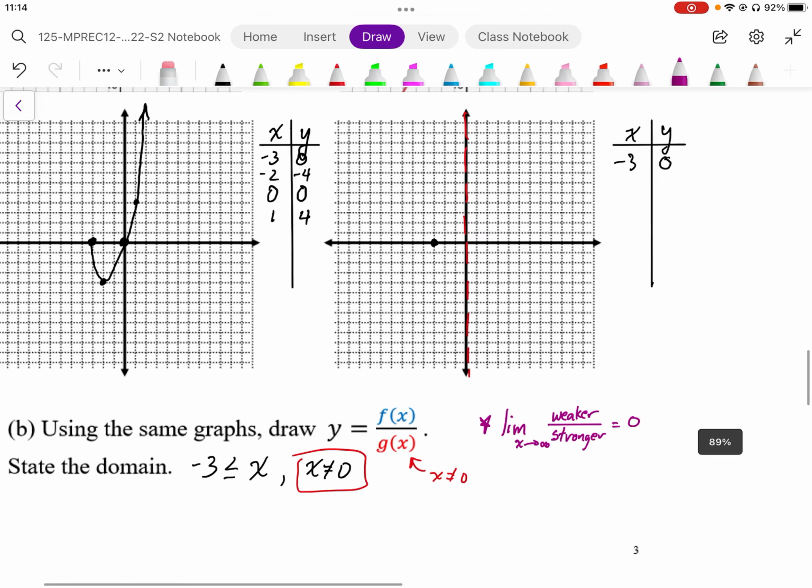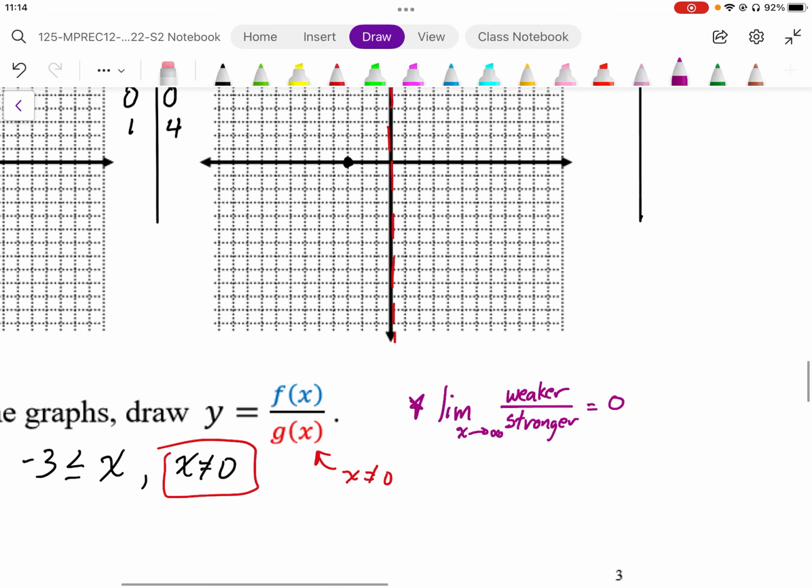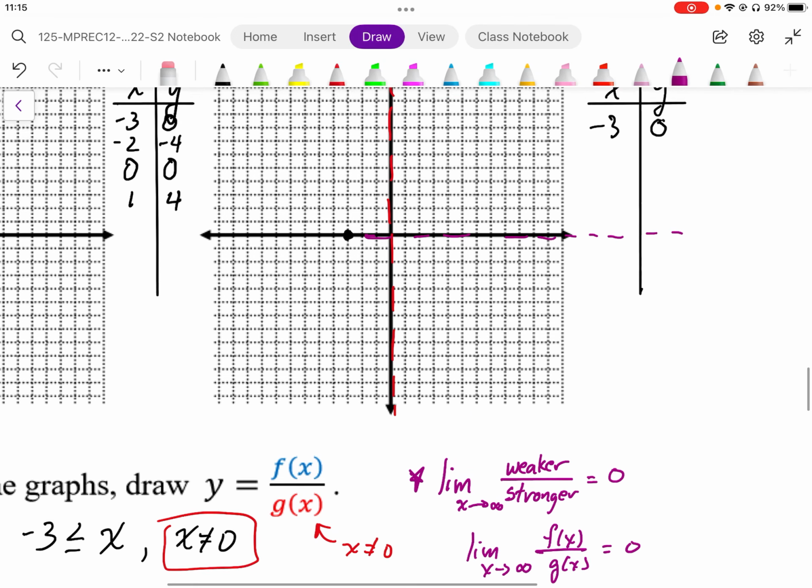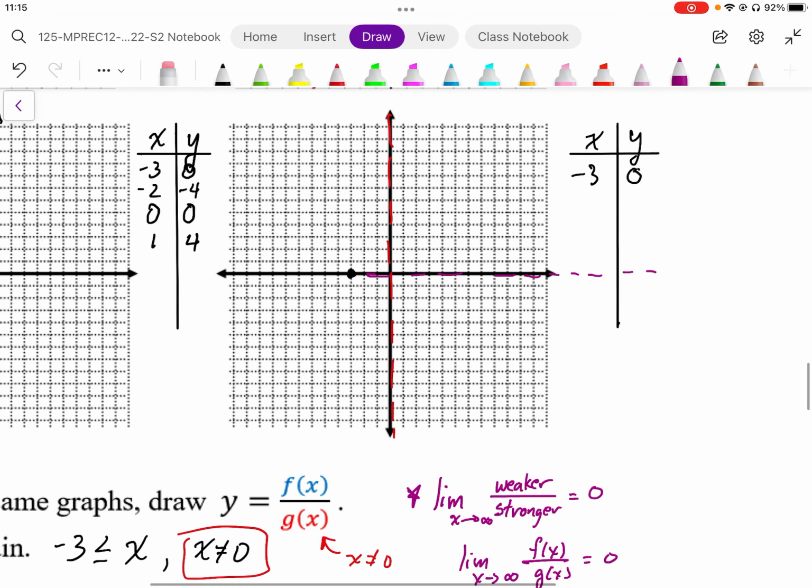So we have a weaker function in the numerator and a stronger function in the denominator. So in this case here, the limit as x goes to infinity of our f of x over g of x will equal 0. So as we go to infinity, we know that we're going to have a horizontal asymptote here. So that's good to know. We have a vertical asymptote, we have a horizontal asymptote.